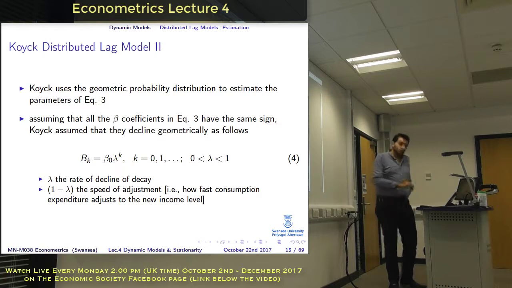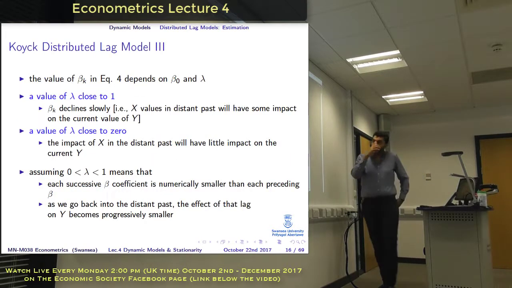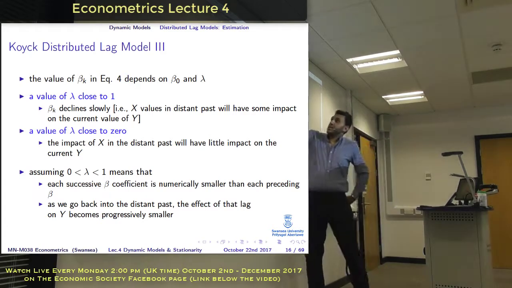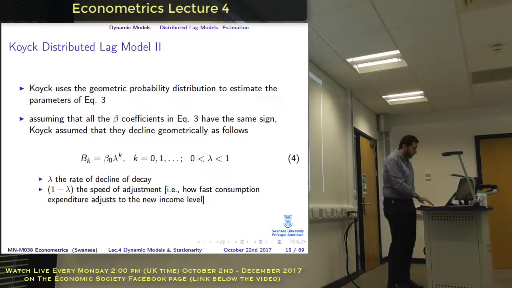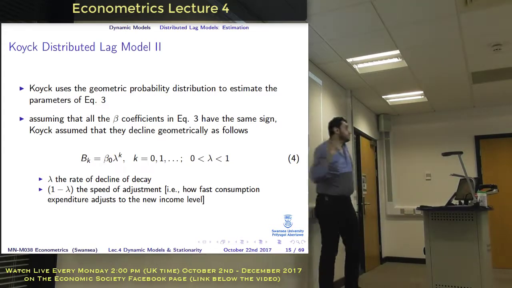So how does this work then? First of all, let's think for a minute about this beta k in equation 4. If we look at the value of lambda, as we said, it's between 0 and 1.